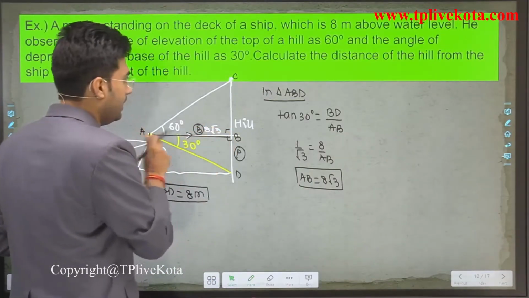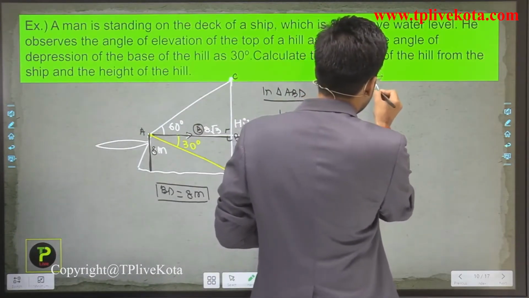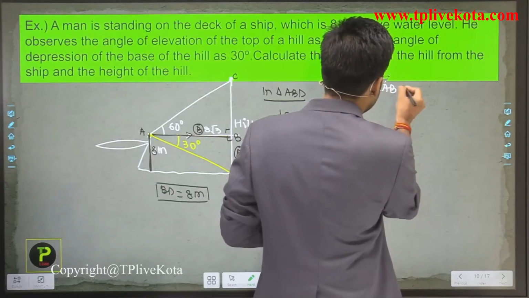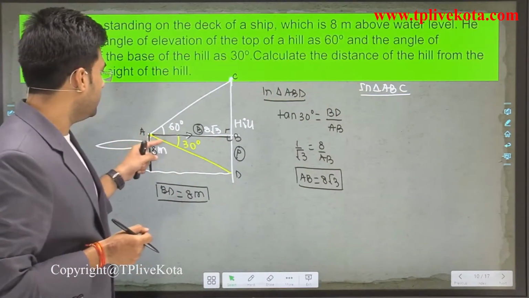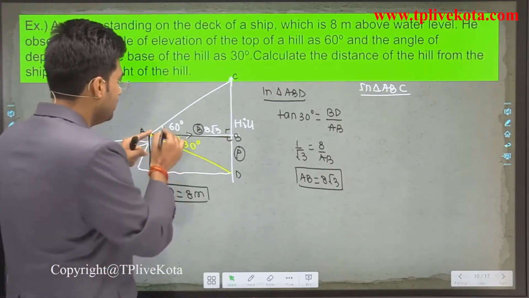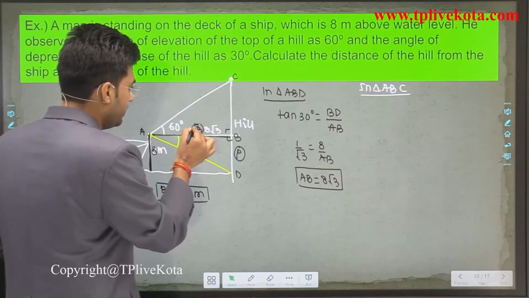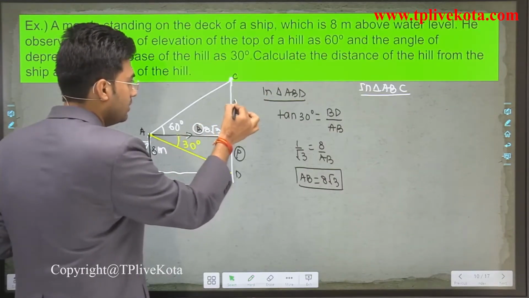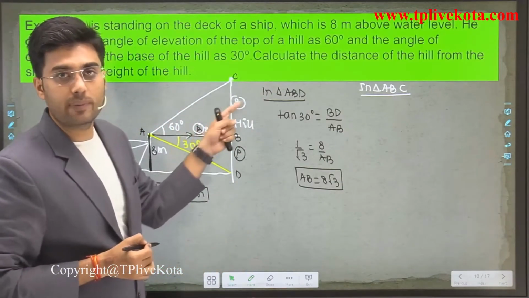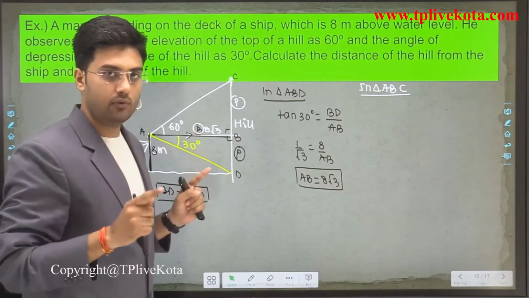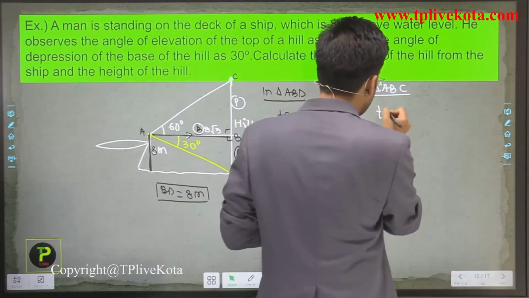Now in triangle ABC, this angle is 60 degree. The side adjacent to this angle is the base, and this is the perpendicular. So again we have base and perpendicular, so we have to use the trigonometric ratio tan.